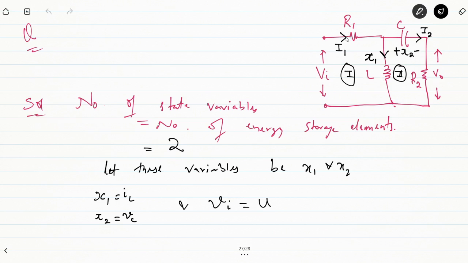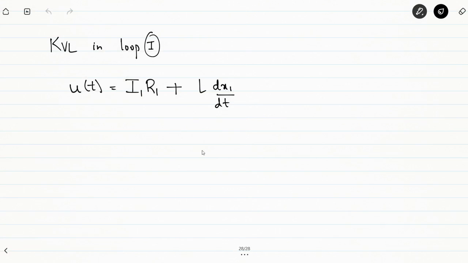Voltage across resistor is I1 R1 plus L dx1 by dt is the voltage across your inductor. So this means, as I told you, we will not be writing dx1 by dt, we will be writing x1 dot. So you need to get used to it now quickly. So x1 dot is equal to U. So let this be equation 1. Right now we do not know what I1 is in this equation.